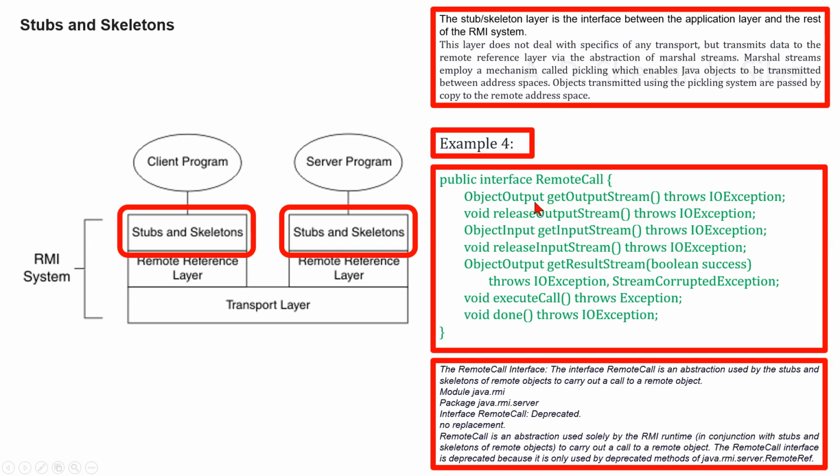The method releaseOutputStream releases the output stream; in some transports this will release the stream. The method getInputStream returns the input stream from which the stub unmarshals results or the skeleton unmarshals parameters.